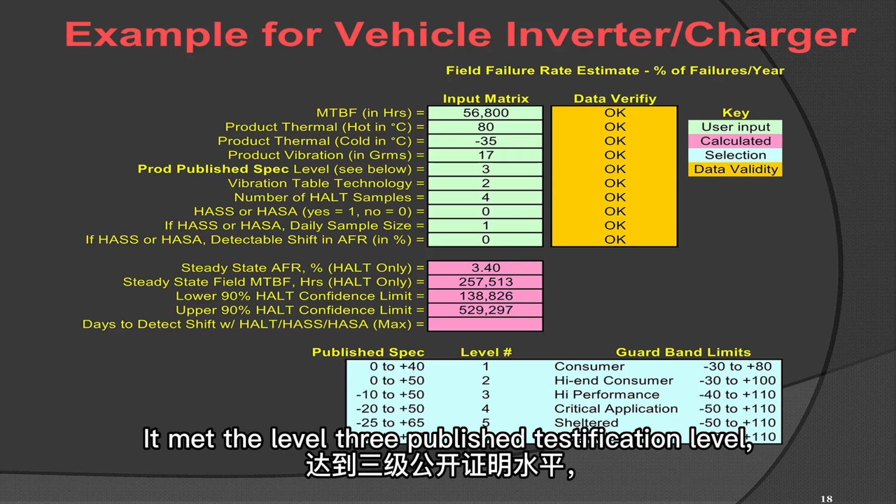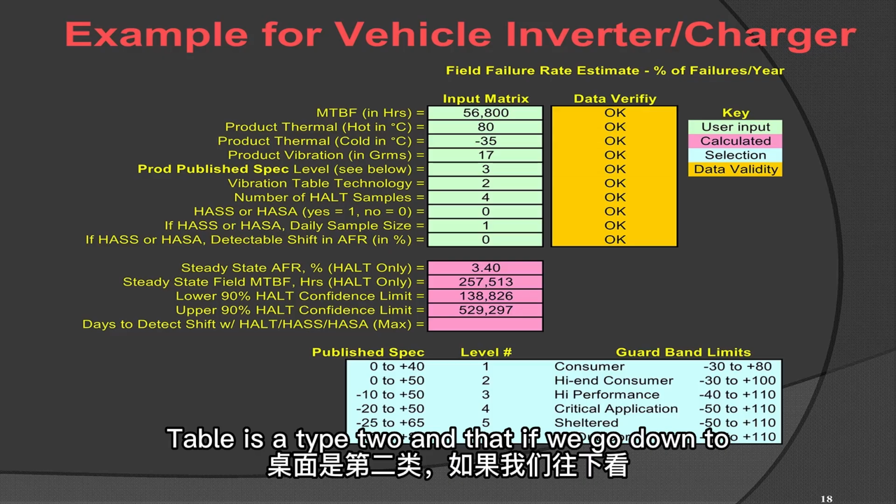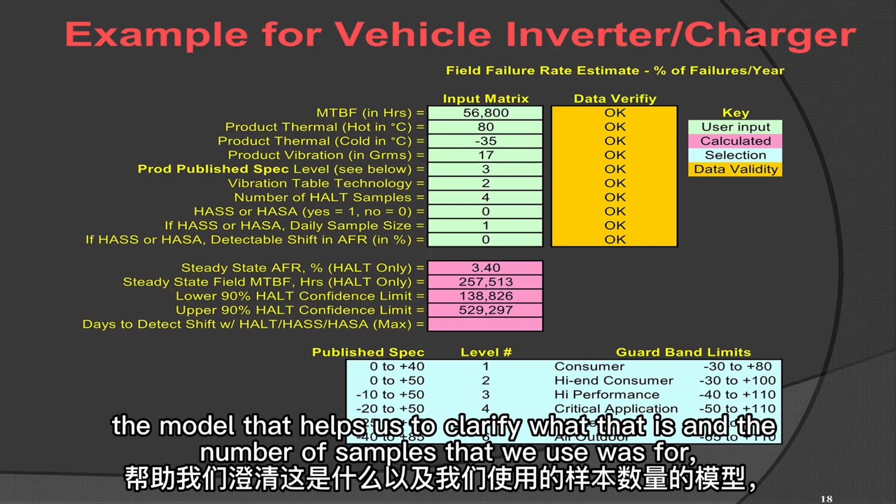It met the level 3 published specification level. Its vibration table is a type 2, and if we go down to the model, that helps us to clarify what that is. And the number of samples that we used was 4.